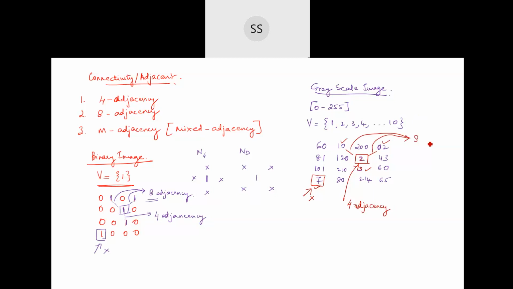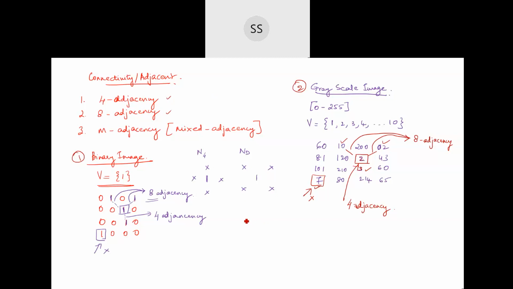They are called 8 adjacency. The diagonal connections are called 8 adjacency, but if you have straight line connections, it is called 4 adjacency. So we have tried to explain the concept of 4 adjacency and 8 adjacency with respect to your binary image and also with respect to your grayscale image.